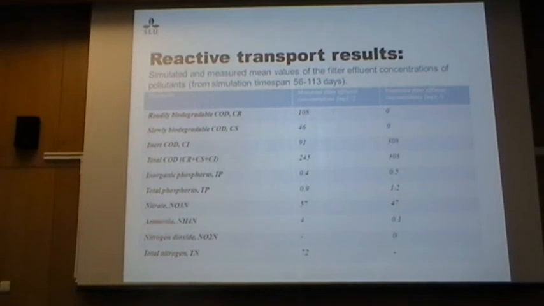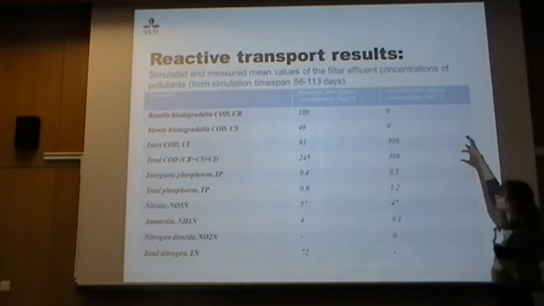here's just some simulated and measured mean values of the filter effluent concentrations. I want to mention that when we used the constructed wetlands module, we were just using the standard process parameter set. So what we have here, it was quite successful for nitrogen and phosphorus, but for the COD it was not that good.